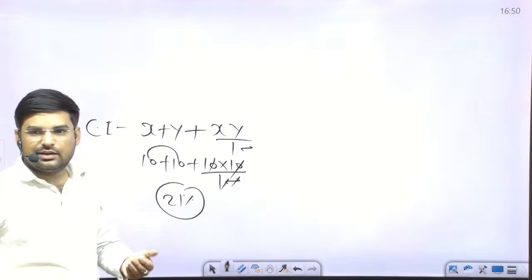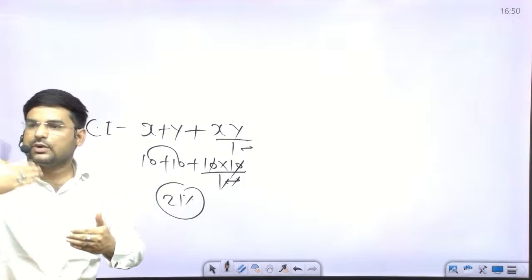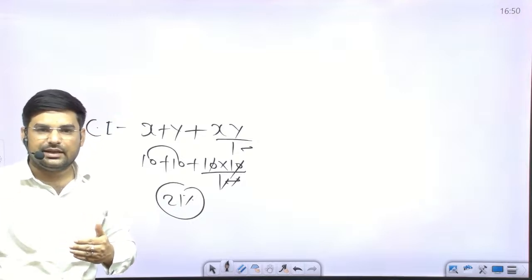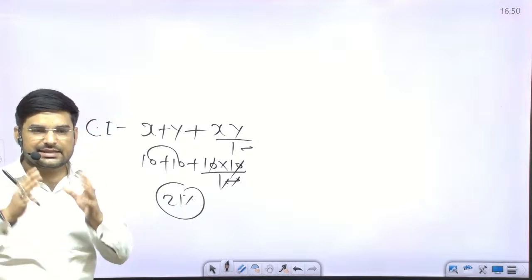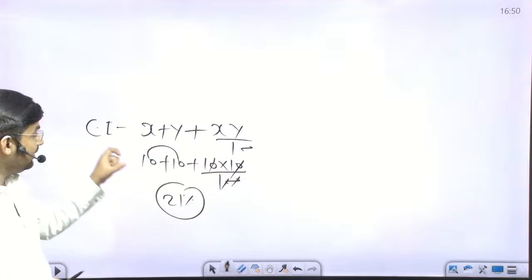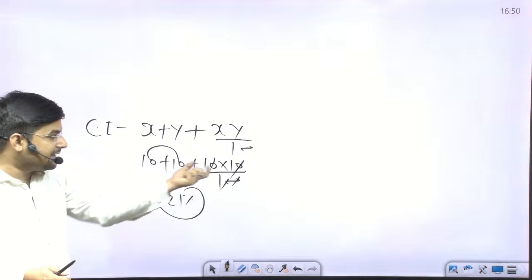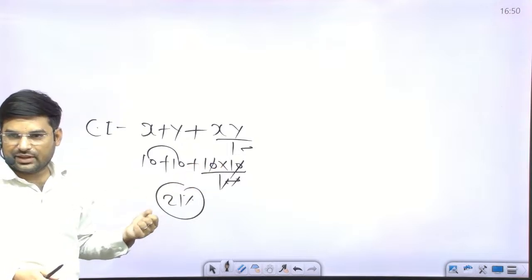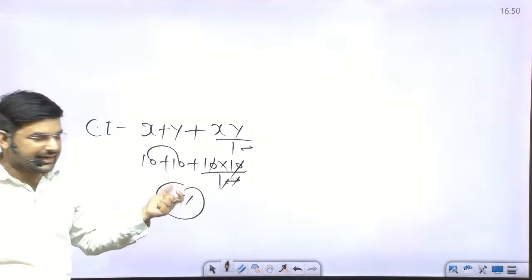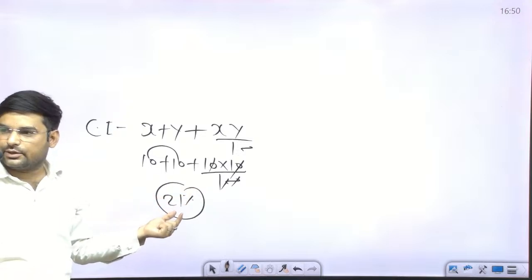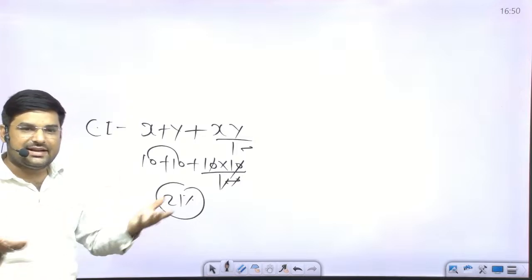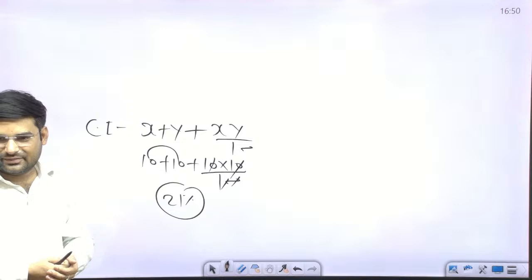And SI at 10%: in 2 years 20, in 3 years 30, in 4 years 40, 5 years 50, 6 years 60. For SI, we multiply the number of years by the interest rate. But for 2 years, CI uses this formula. It's a formula from profit and loss. So 21 and 20 differ by 1, which equals 732, and 100 equals 73200. Clear?